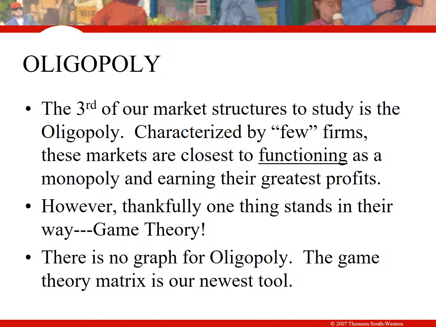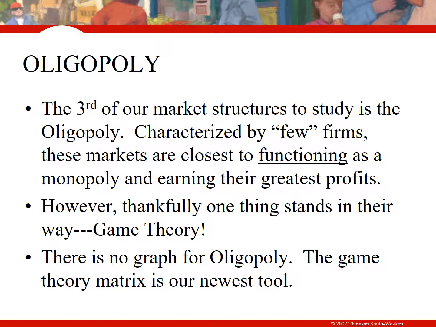Okay, so an oligopoly is characterized by a few firms. And they're going to function together in a manner that is similar to a monopoly. So they will have some market power. So they'll be able to adjust prices and such, just like a monopoly can.